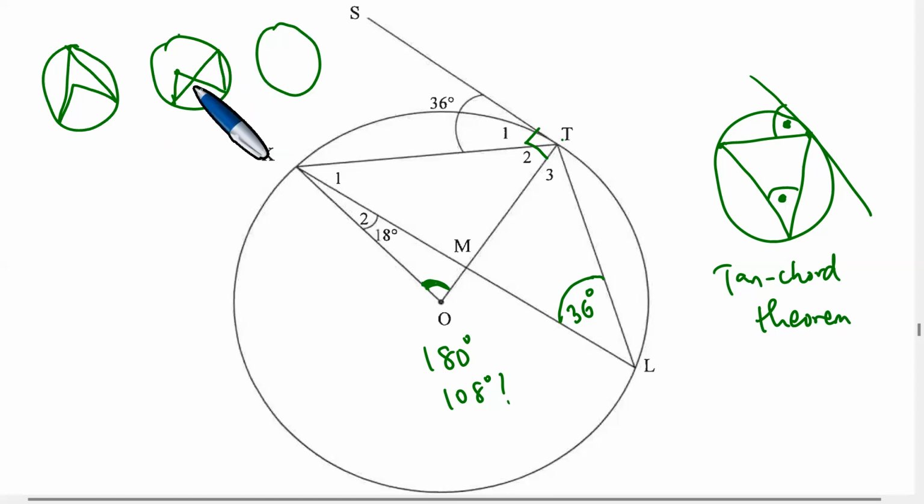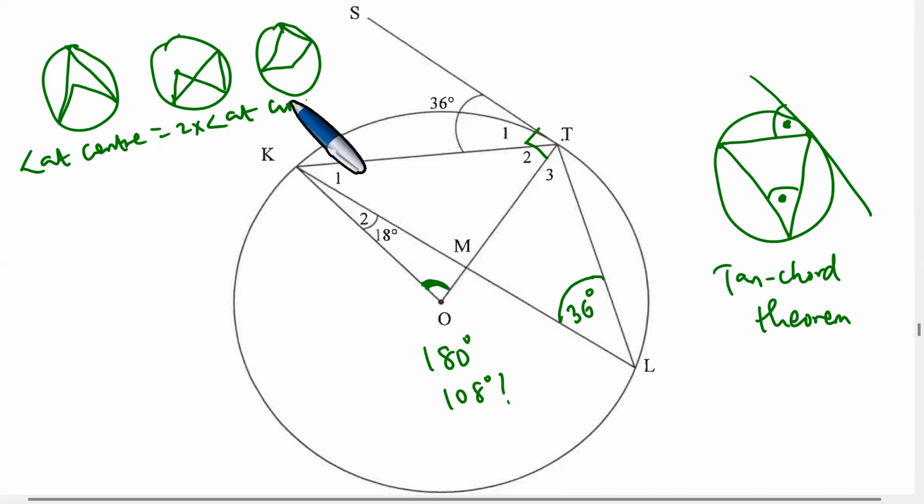So this diagram and this one are the same in mathematics. You can also move this one here and this one here so that you have something like this. These diagrams are all the same in mathematics, but they all mean that angle at center is twice angle at circumference. Angle at center equals 2 times angle at circumference.